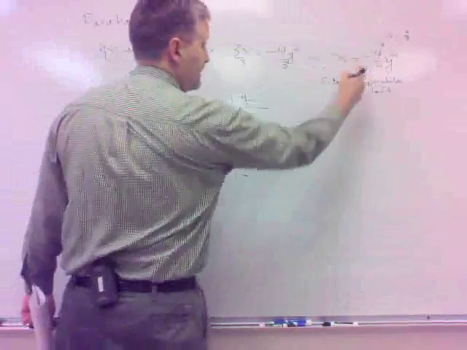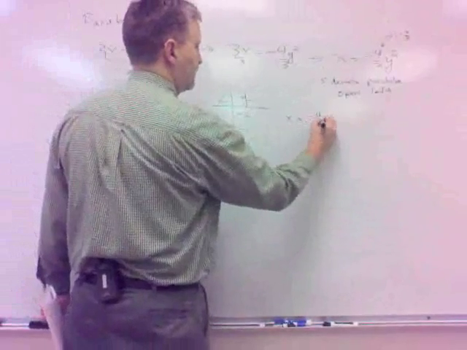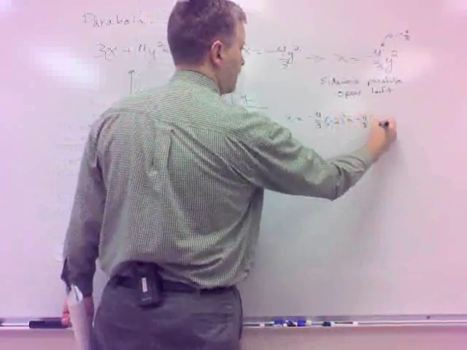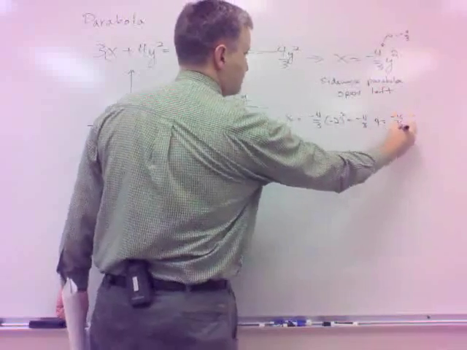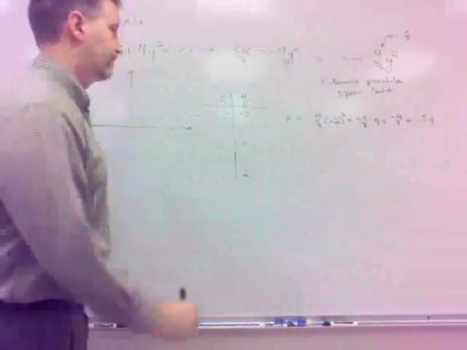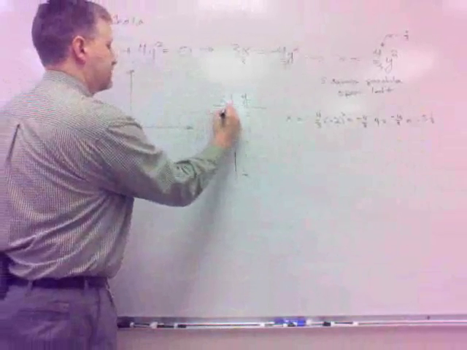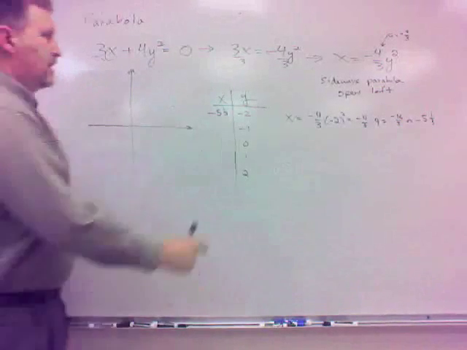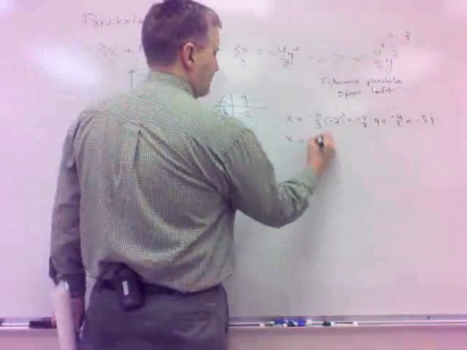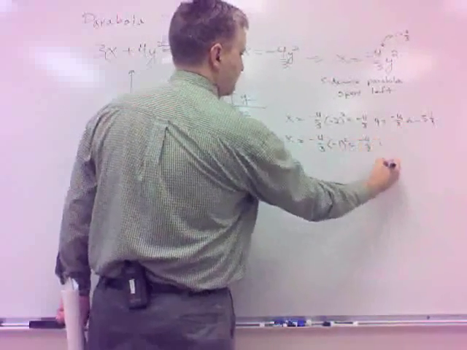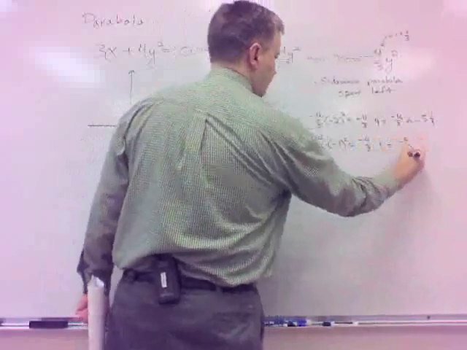All right, so if y is negative 2, x would be negative 4/3 times negative 2 squared. That would be negative 4/3 times 4, which is negative 16/3, or negative 5 1/3, or 5.333. Does that sound right? Y is negative 1. We've got x is negative 4/3 times negative 1 squared. So that's negative 4/3 times positive 1. That's negative 4/3, negative 1 1/3.